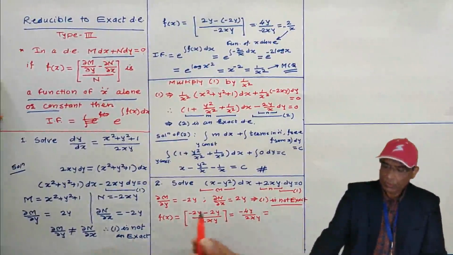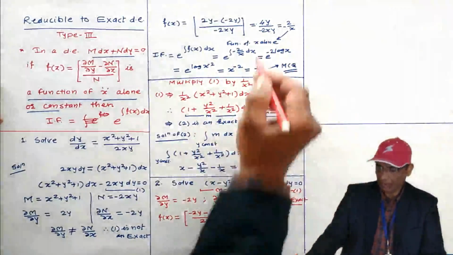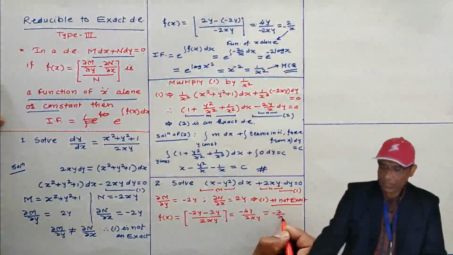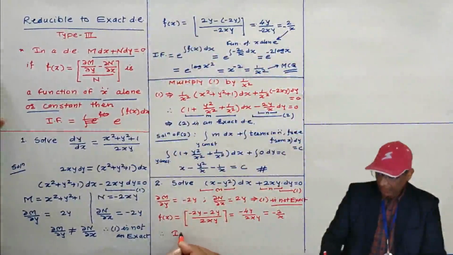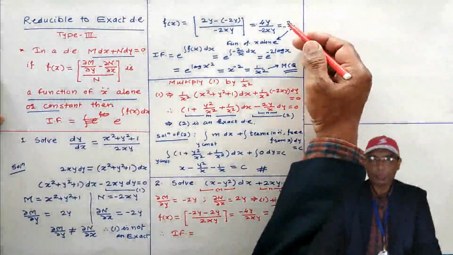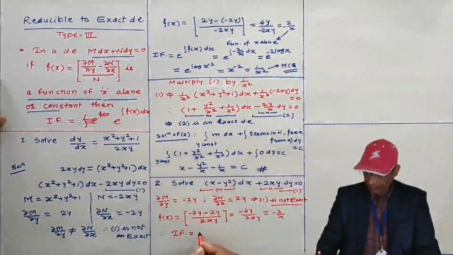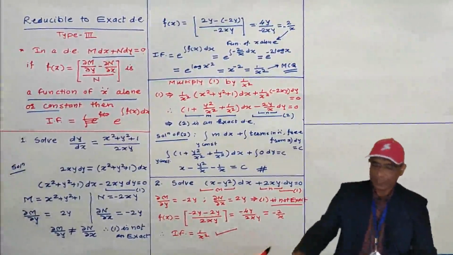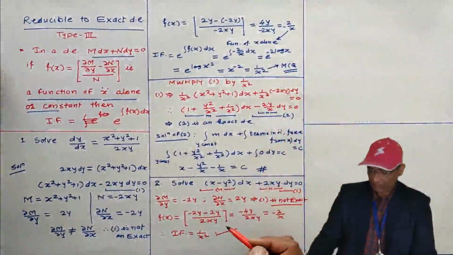Here also 4y by 2xy, the same thing we have. Now it is minus 2 by x. Okay, f(x) is minus 2 by x, therefore the integrating factor. In this problem f(x) is the same, here also f(x) is the same, therefore I am not going to repeat this portion. The integrating factor I am writing directly, 1 by x square. This integrating factor may be asked in the examination. Here in this case, the integrating factor is 1 by x square.